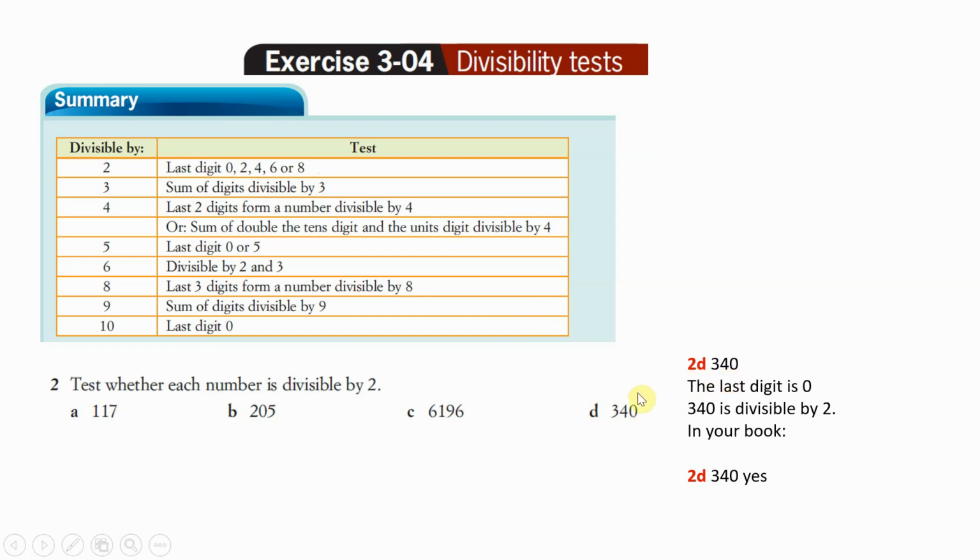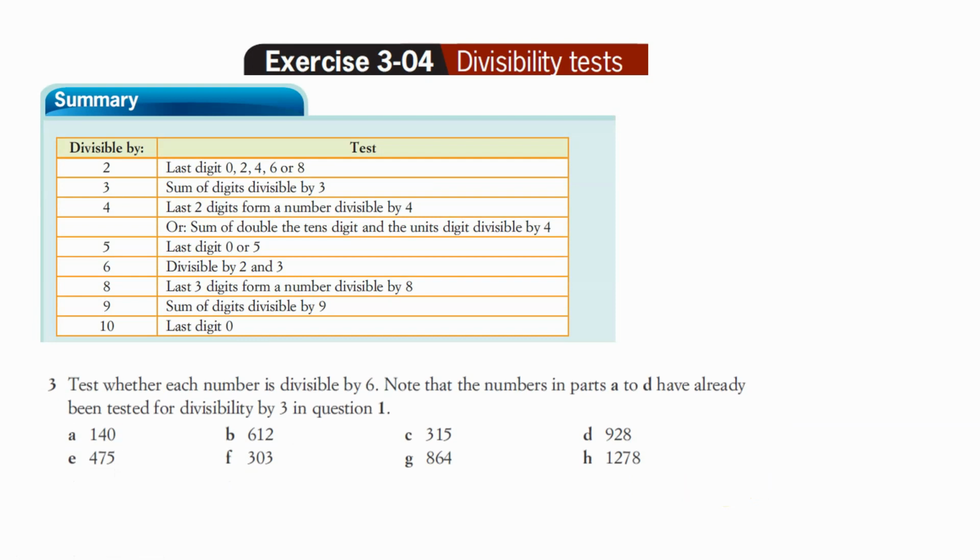We look at the last digit, 0, and that is on the list. So you can divide this number by 2. 340 is divisible by 2 because the last digit is 0. In your workbook you'll put the question number, 340, and yes.